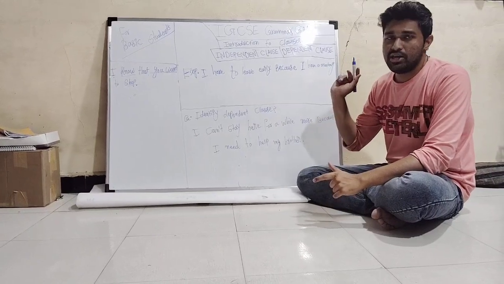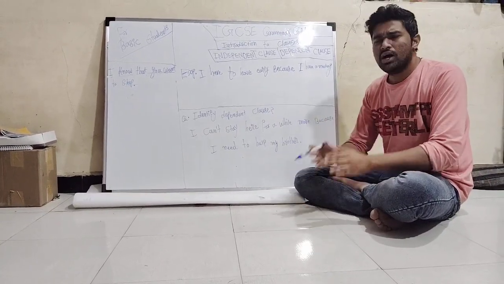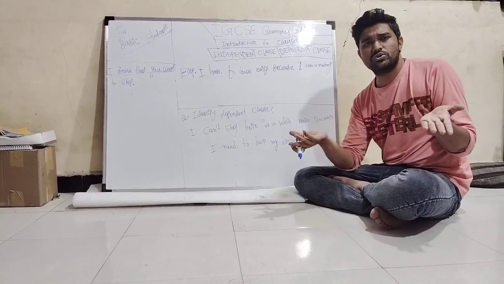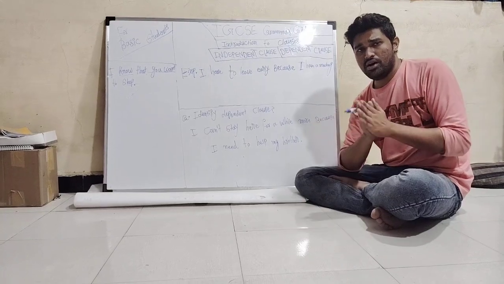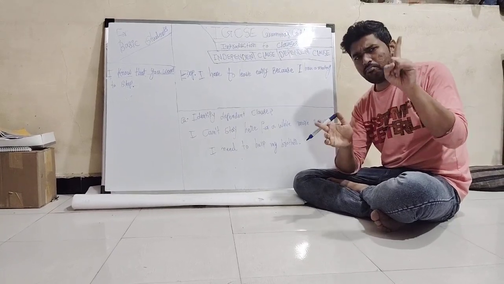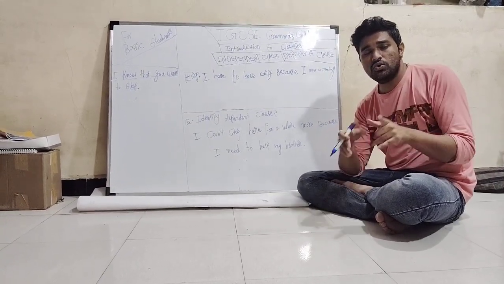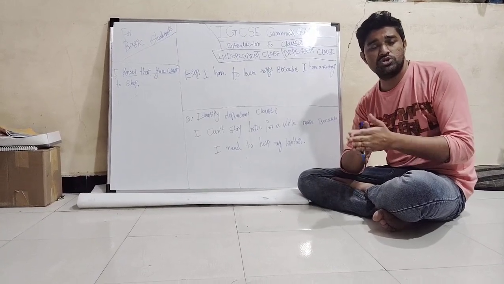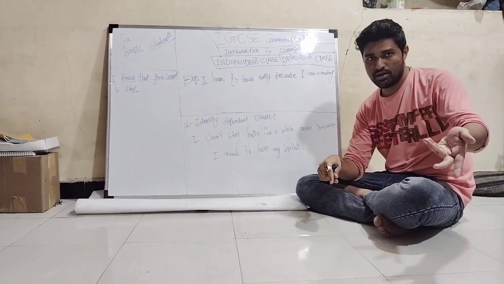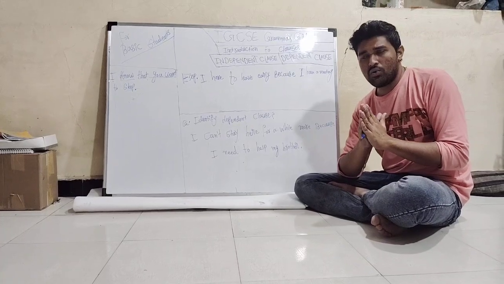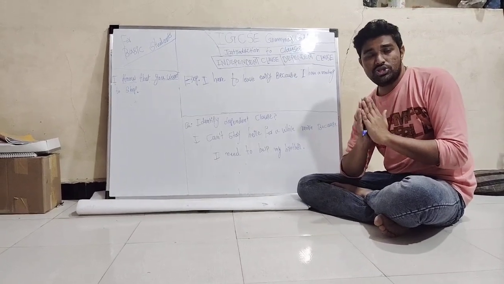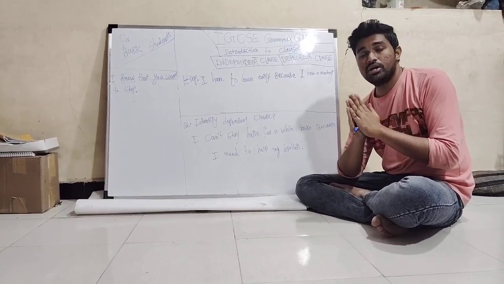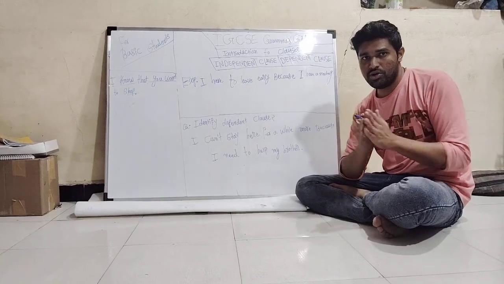So let's identify independent clause. What is independent clause, or how can we identify this? Simple tip, just as I let you know last time, teachers have their own personal opinions to make their students understand.